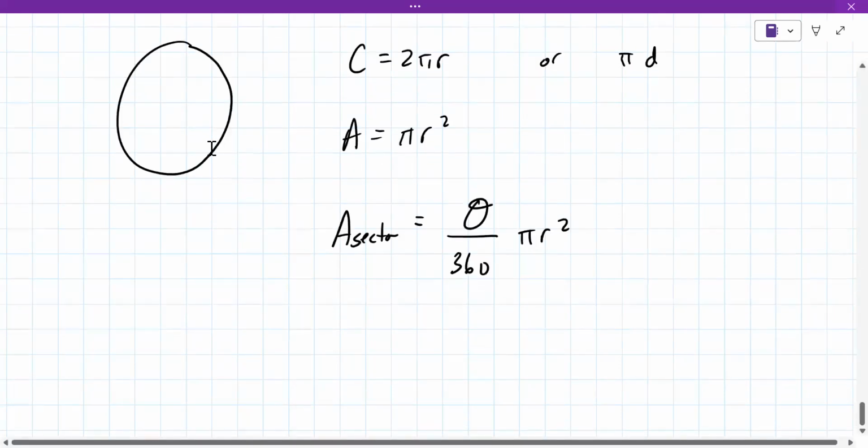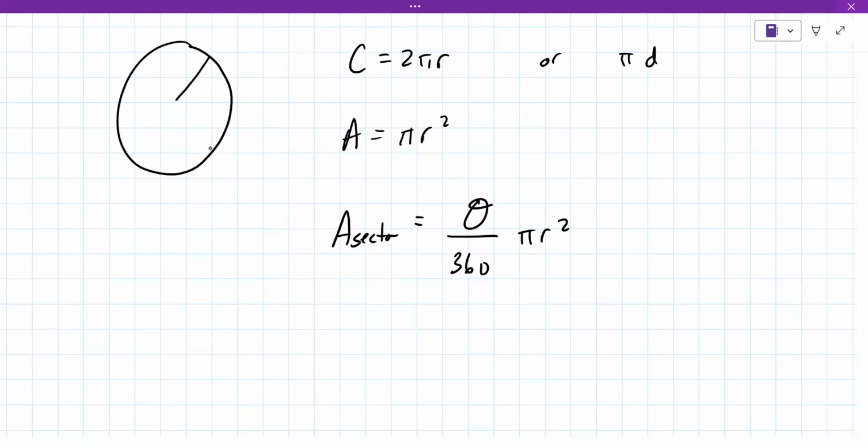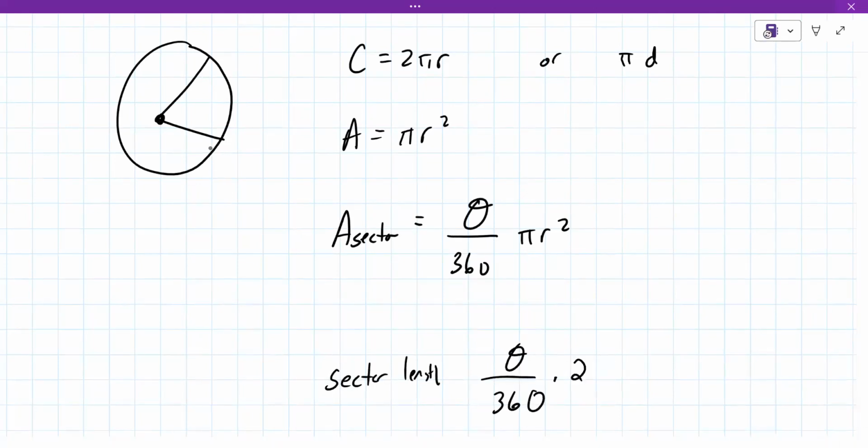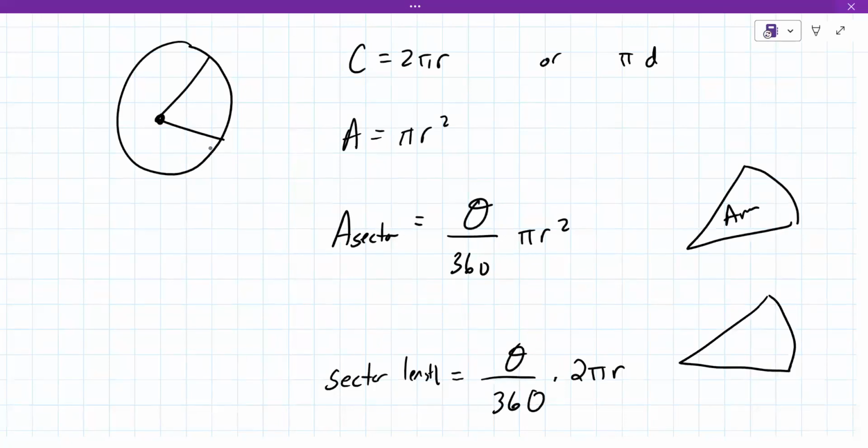If they want you to find the sector length, I'll call it the measure: the angle over 360 times 2 pi r. So this would be the area, and this other one is the length on the outside. That's the difference between them.